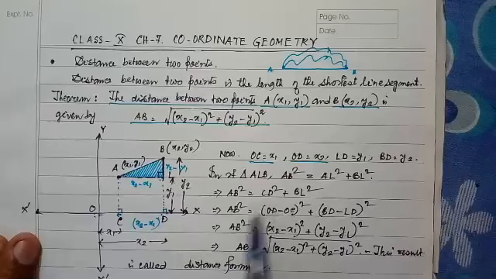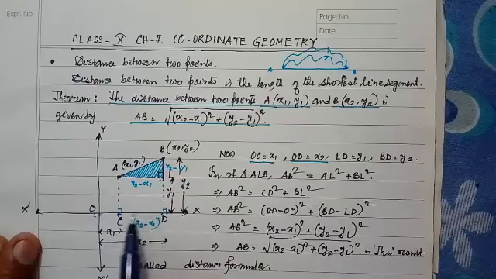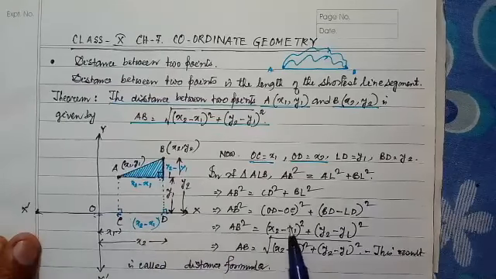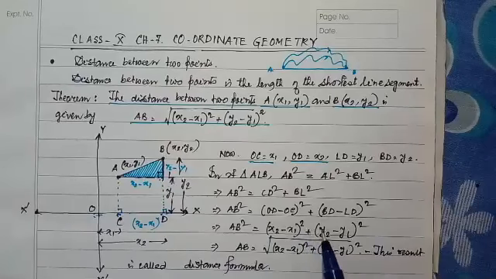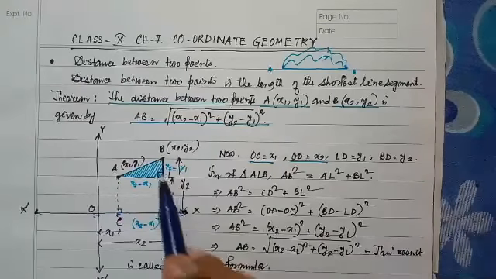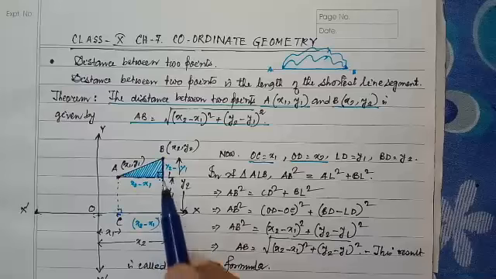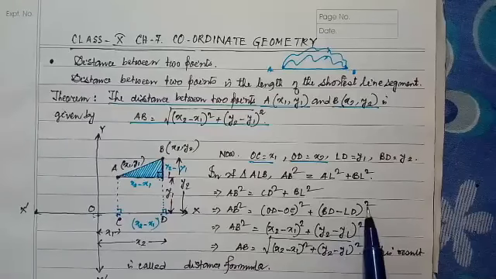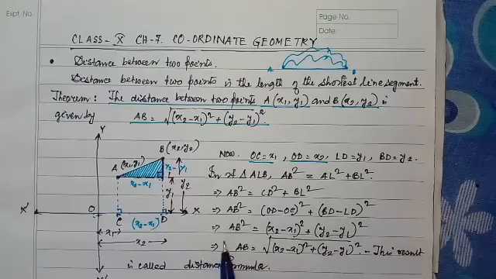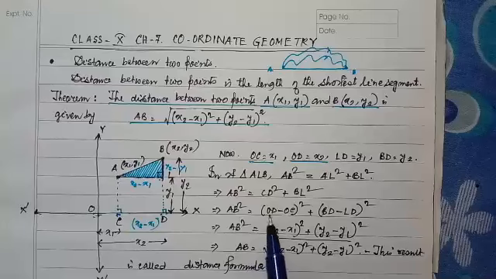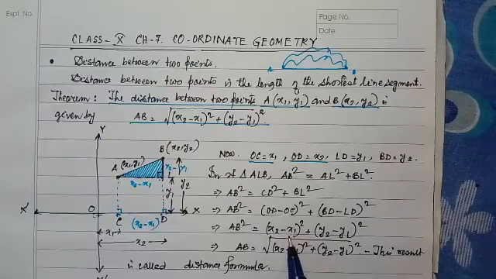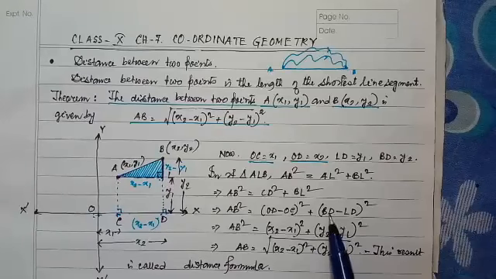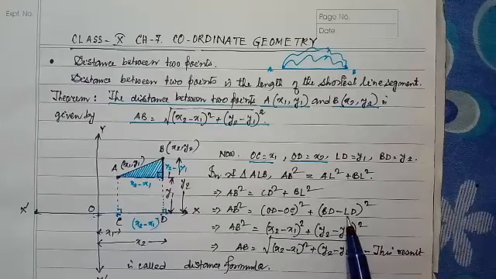Now AB square is equal to CD, CD means OD minus OC, that is (OD minus OC) whole square plus, now BL means BD minus LD, so (BD minus LD) whole square. This implies AB square is equal to, now OD means x2 minus OC means x1, so (x2 minus x1) whole square plus BD means y2 minus LD means y1, so (y2 minus y1) whole square.